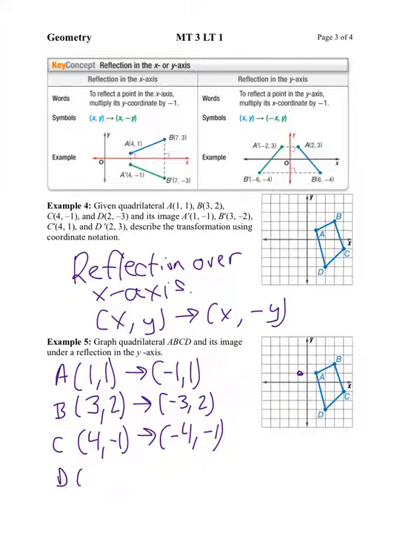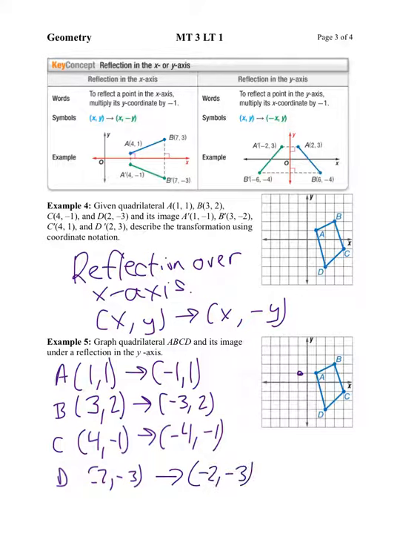So right now it's (2, -3). I don't know why I wrote an extra parenthesis there. I'll get rid of that in a second. And that becomes (-2, -3).